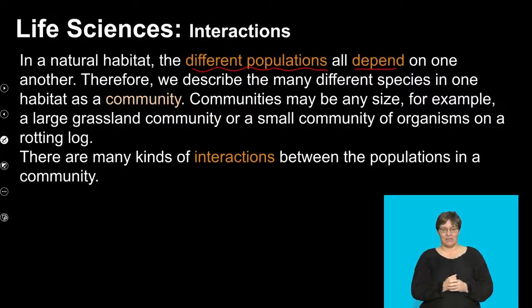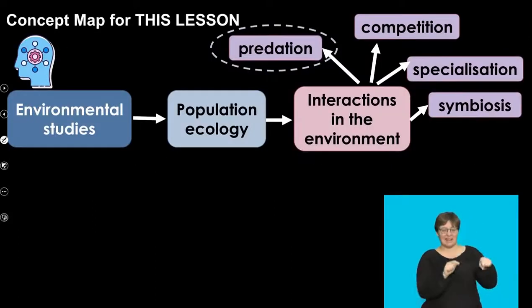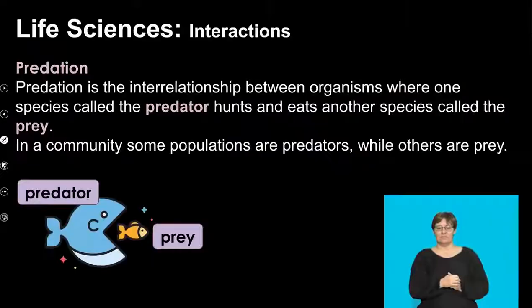So our community is going to be full of these wonderful interactions that we need to isolate. It makes a lot of sense to put these in different groups. We're going to start off with our first kind of interaction, known as predation. I think this little picture sums it up very nicely.